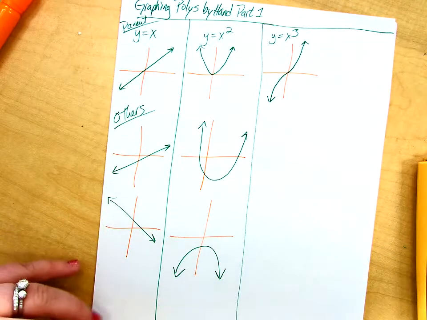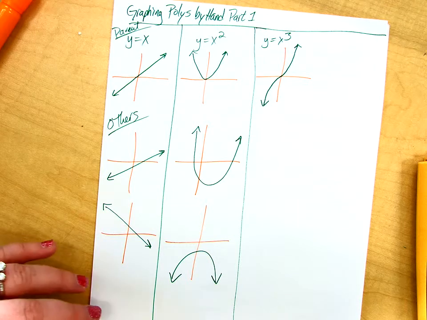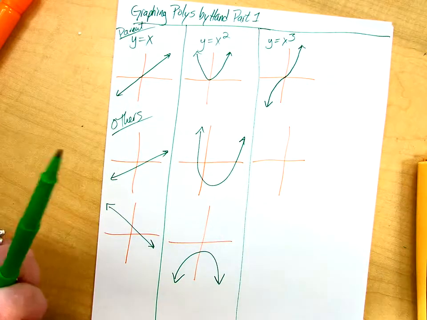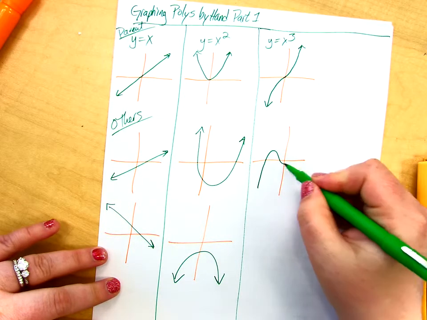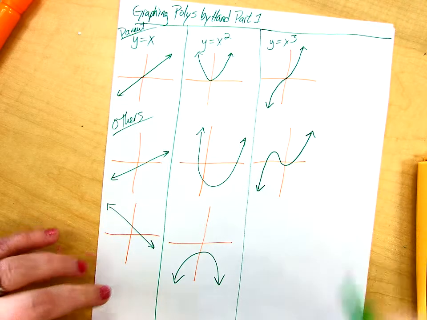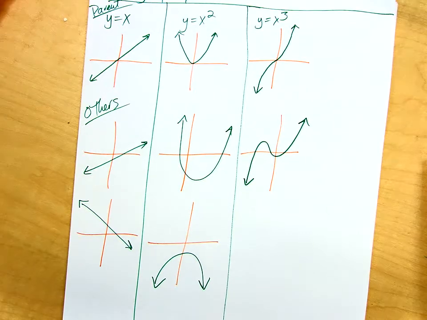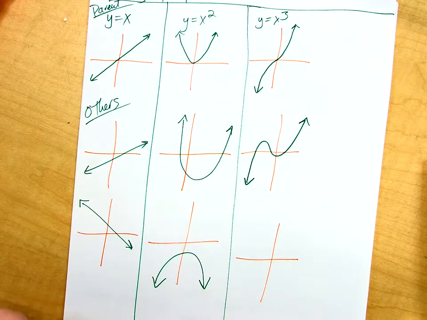So it kind of just does this funny little squiggle. But if you had other x to the third graphs, they could look something like this. Or maybe you have one that's upside down, and maybe it looks like this.